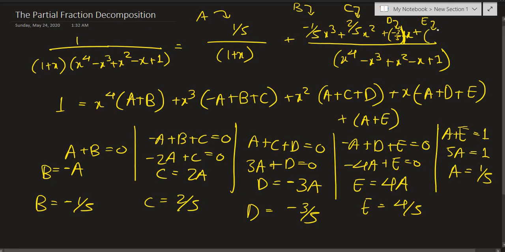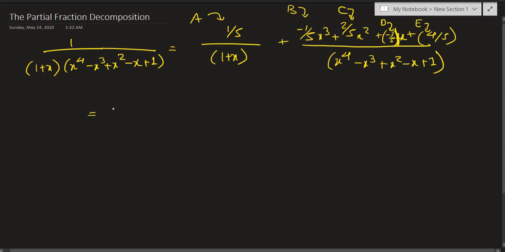Since we have a factor of 1/5, we can write this as 1/5 times 1 over 1 plus x.